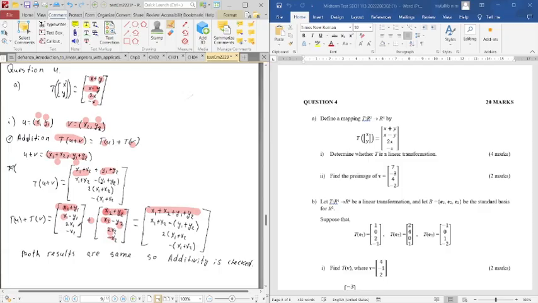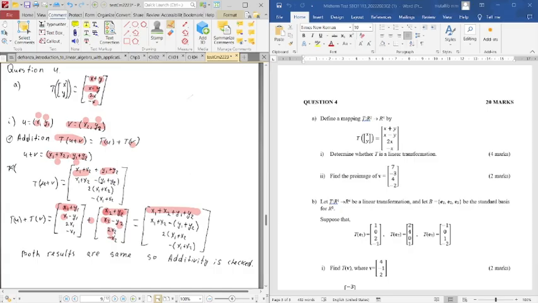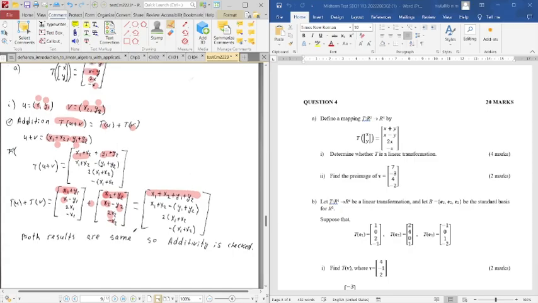In third one, 2x1 plus 2x2, we can take 2 out, so it would be 2 times (x1 plus x2). And for fourth one, we can take negative 1 out, so it will be negative (x1 plus x2). As we can see, both T of u plus v and T of u plus T of v are the same, so additivity is checked.